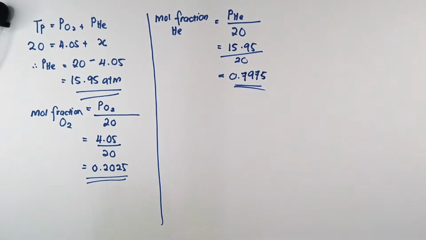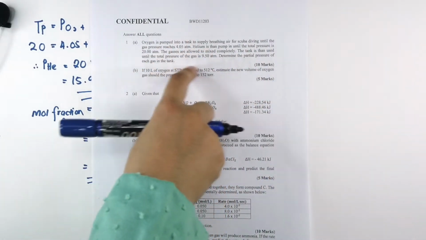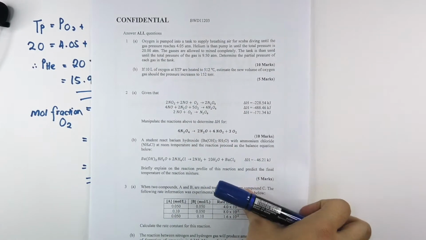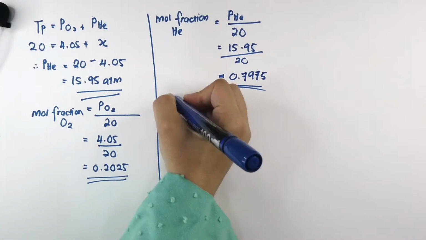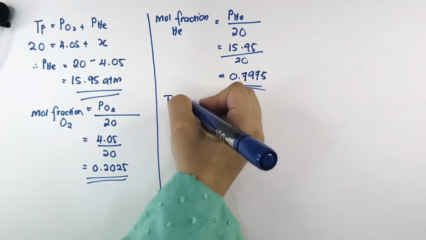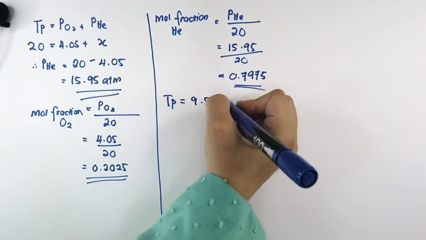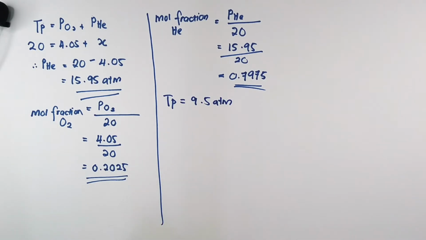And then it is given in the question that the tank is then used until the total pressure of the gas is actually 9.5 atm. So the new total pressure is equivalent to 9.5 atm. Now you are asked to find the partial pressure of each gas.